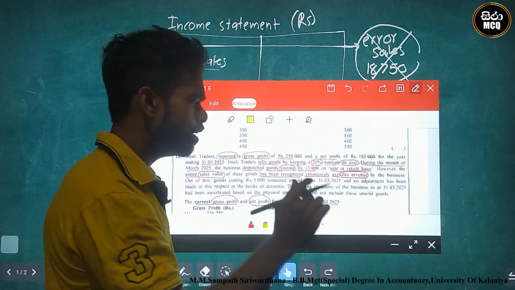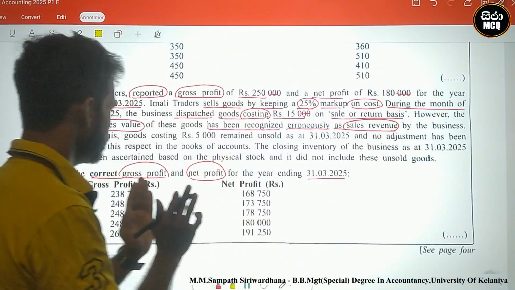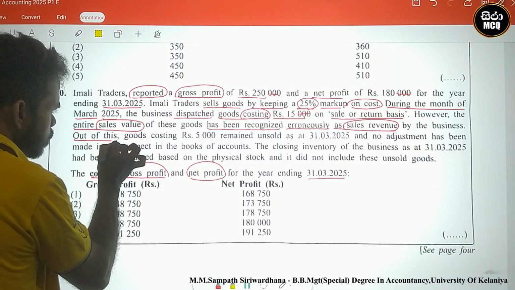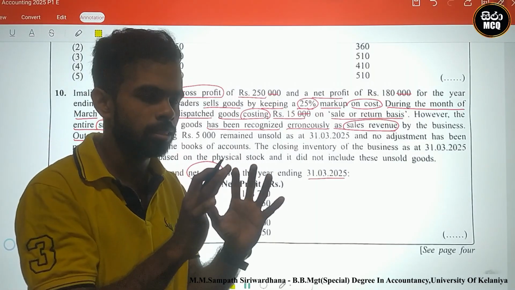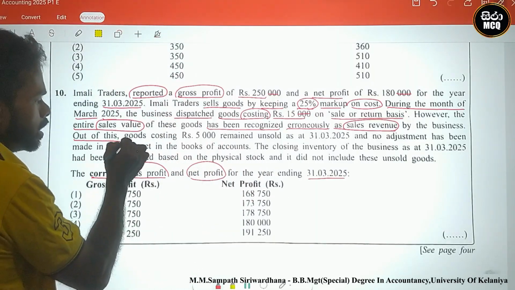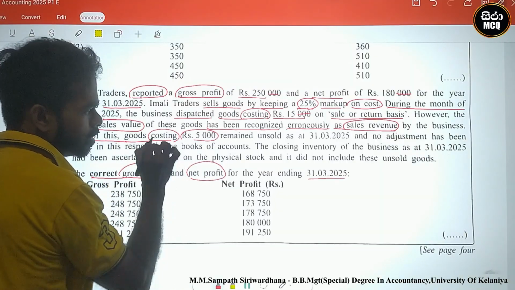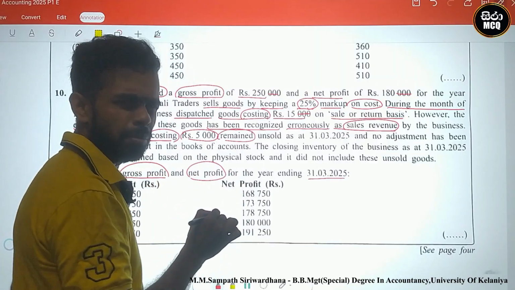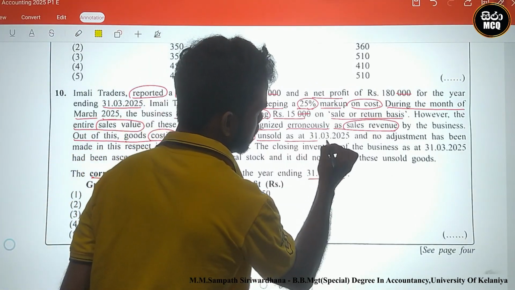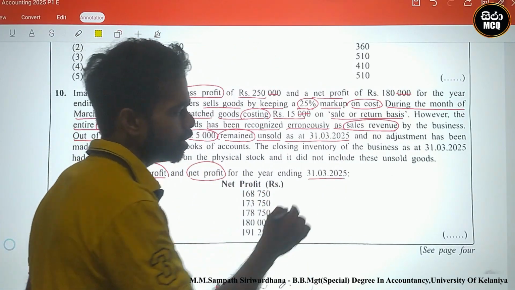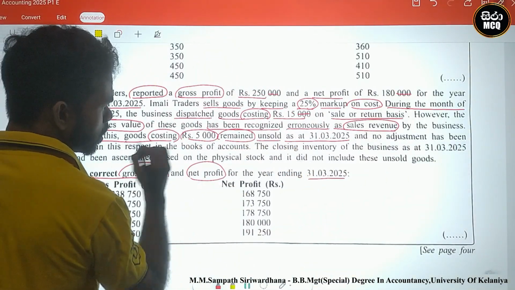Already included, already identified as revenue, sales revenue by the business. Out of these goods, goods costing 5,000 remained unsold as at 31st March 2025, and no adjustment has been made in this respect in the books of accounts.